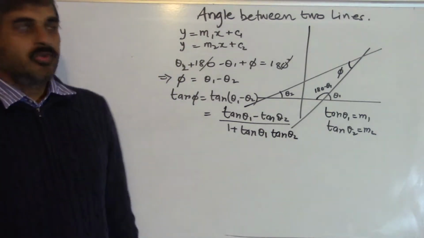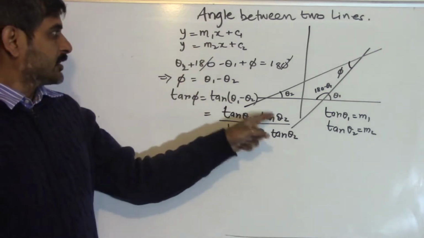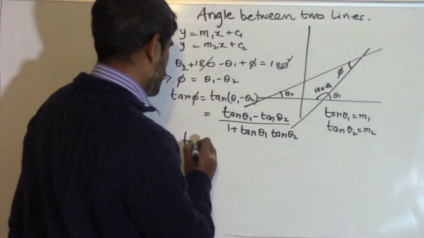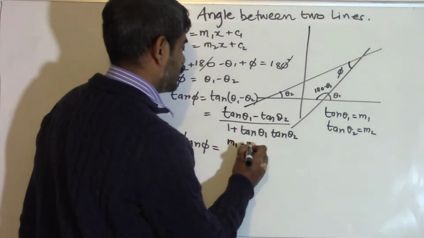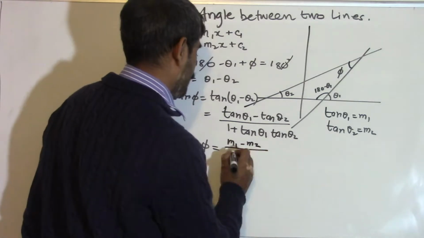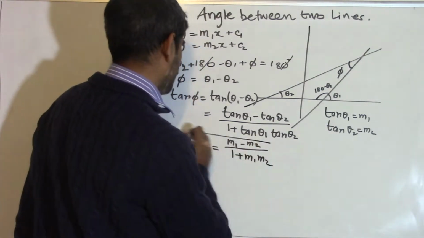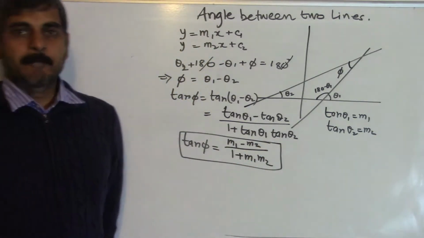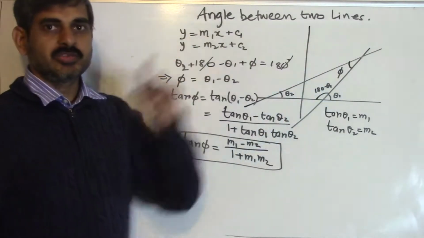We can express tan theta 1 as m1 and tan theta 2 as m2. So we will get tan phi is equal to m1 minus m2 divided by 1 plus m1 m2. This is the formula you will need to memorize to find the angle between these two lines.